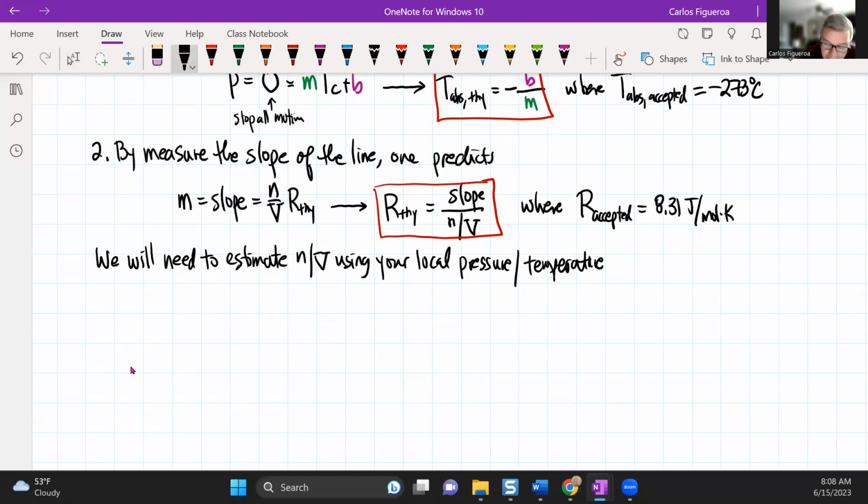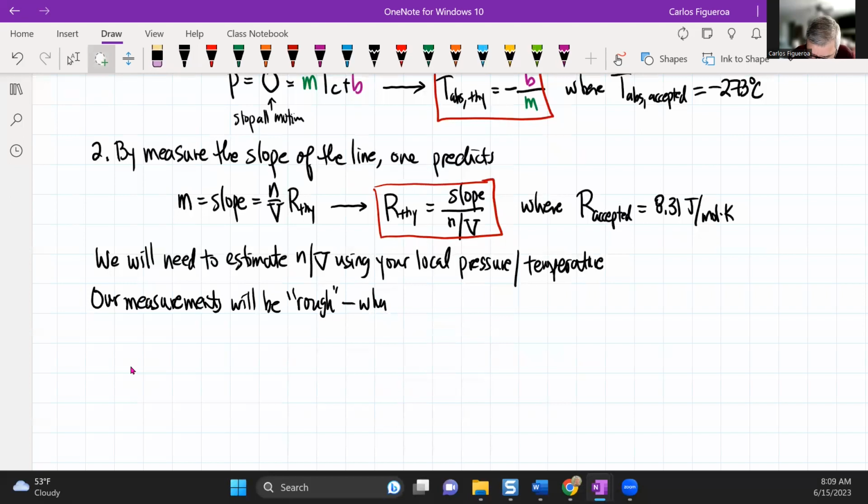Now, what you're going to see here is that our measurements will be rough. And what I mean by that is that their values are going to be in the ballpark, but I would not expect you to get really good values. And the question is, why?